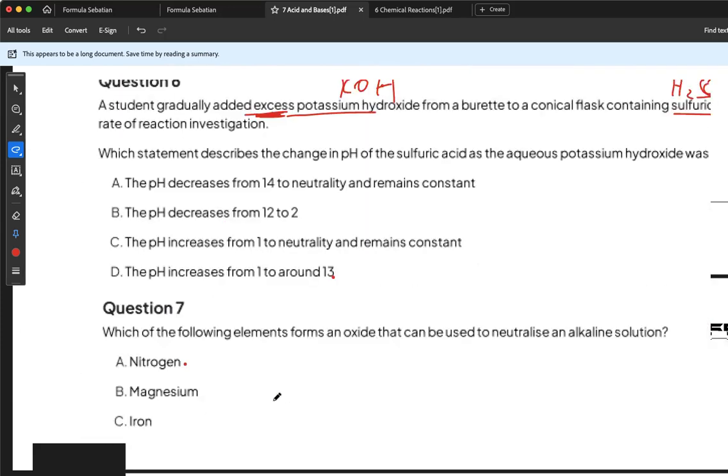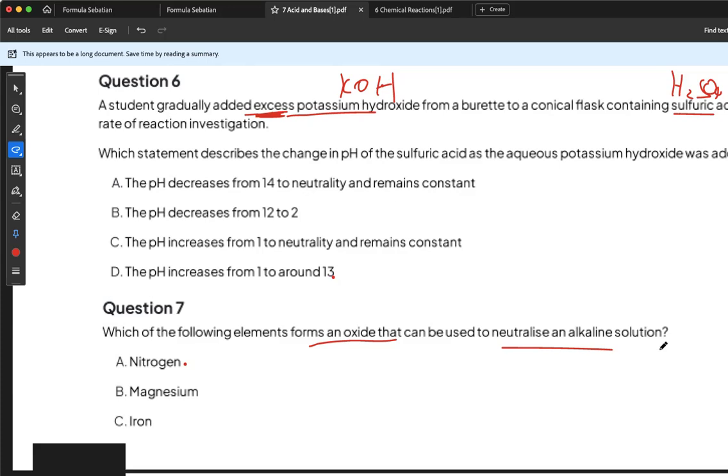Which of the following elements forms an oxide which can be used to neutralize an alkali solution? First and foremost, what kind of oxide do I want, acidic or alkali oxide? If I want an acidic oxide, should it be a metal or non-metal oxide? There are only two non-metals here, either nitrogen or helium.